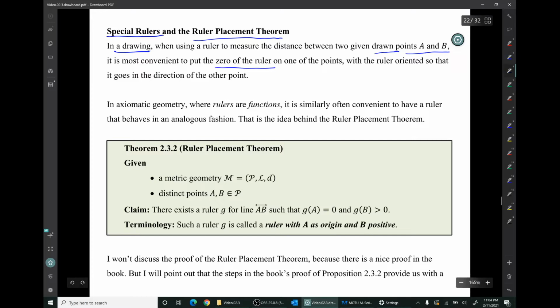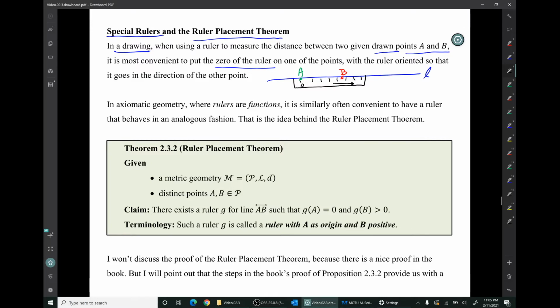So for instance, if this is my line, and I have a point A, and I have a point B, then the most convenient orientation for the ruler would be this. Put the 0 on A, and the positive end of the ruler pointing towards B, and then whatever number is on the ruler right next to B, that's going to be the distance between A and B.